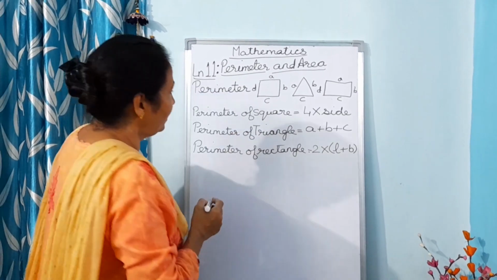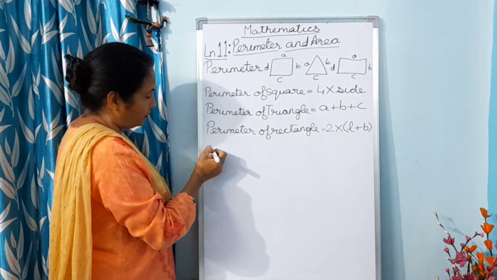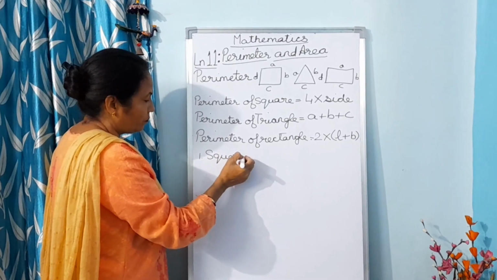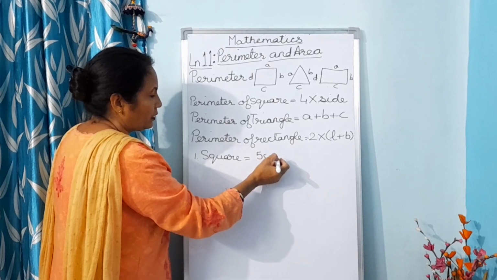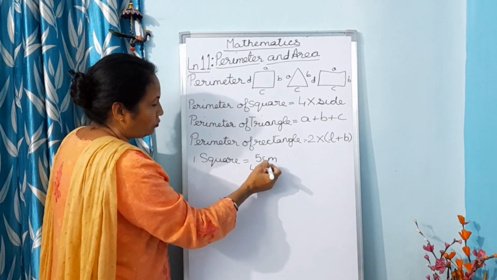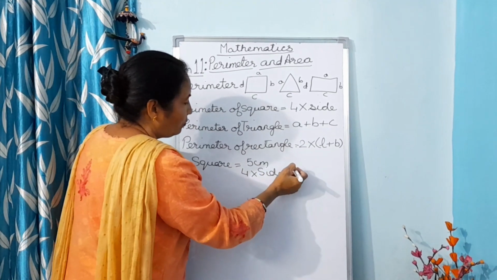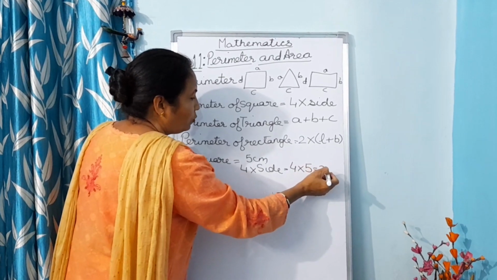Now I will give you one example of square. Now in square, one side is 5 centimeter. So you will write the formula here, 4 into side, and you will multiply 4 into 5 is equal to 20.